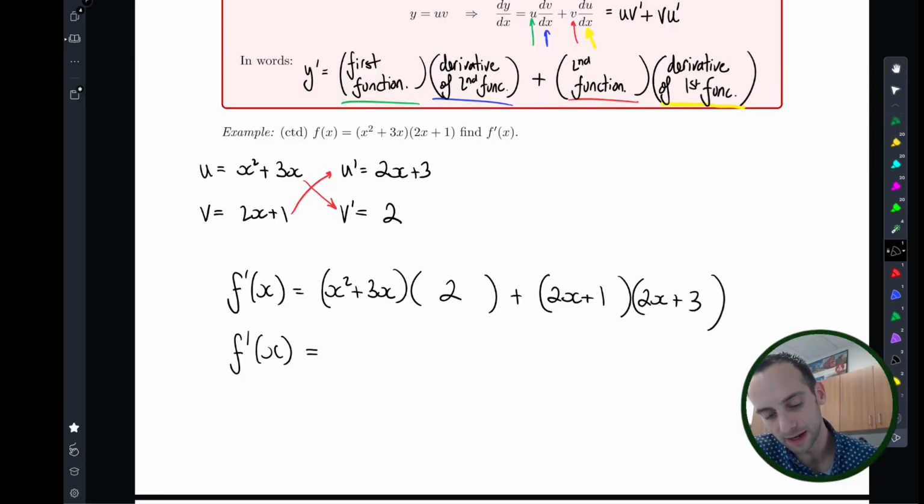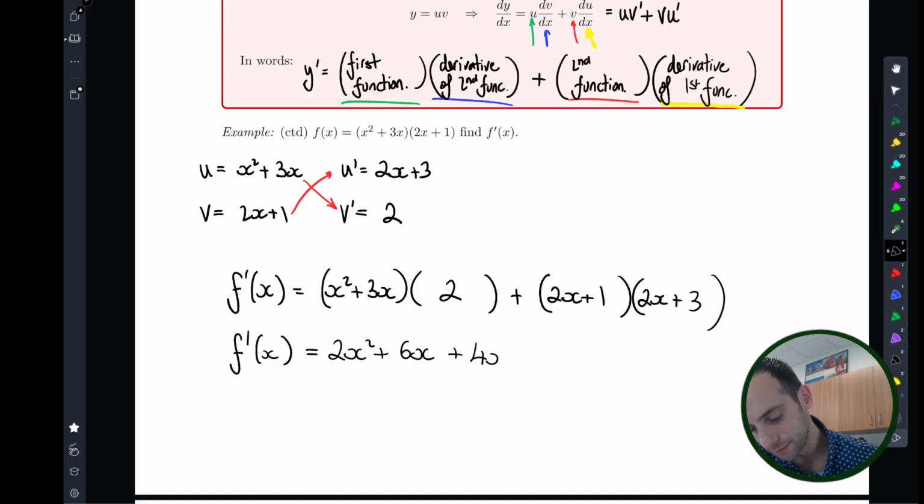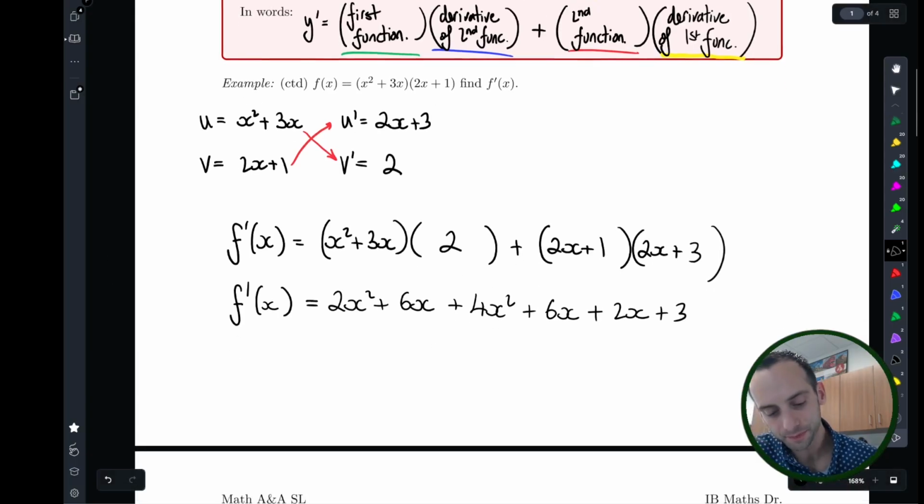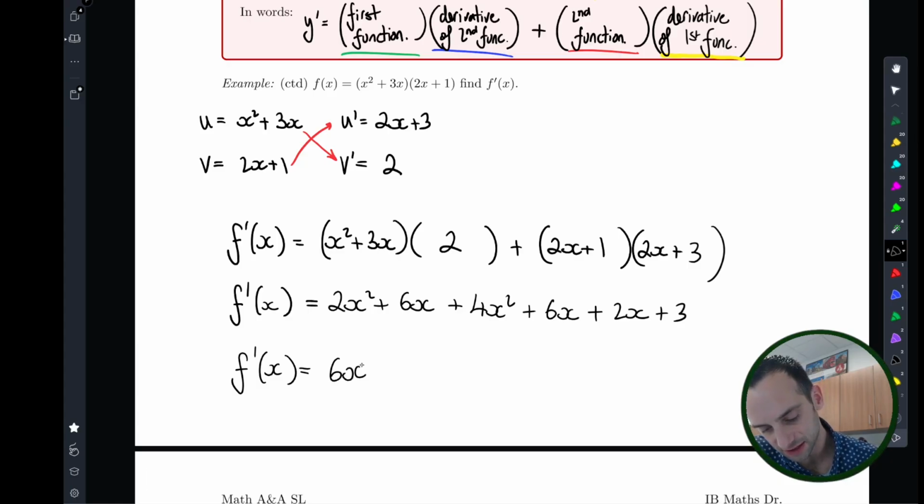So we're going to multiply it out just to confirm that we get the same standard form polynomial we had before. So this is 2x squared plus 6x plus 4x squared plus 6x plus 2x plus 3. And combining our like terms, this should give us 6x squared plus 14x plus 3.